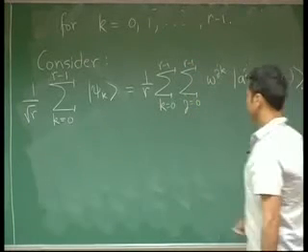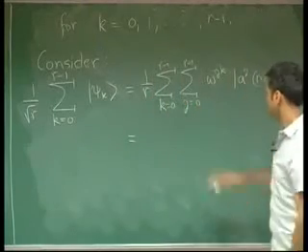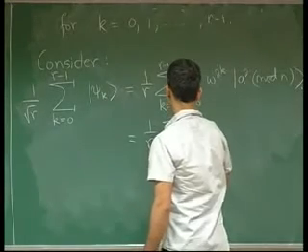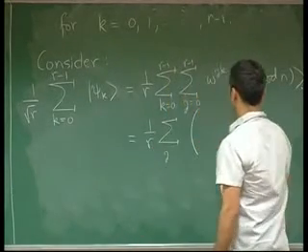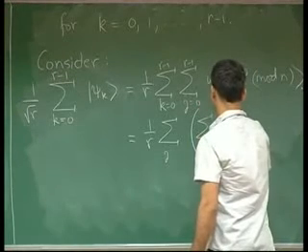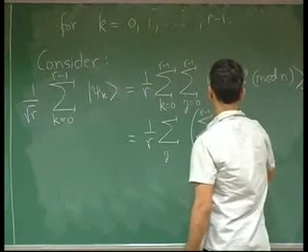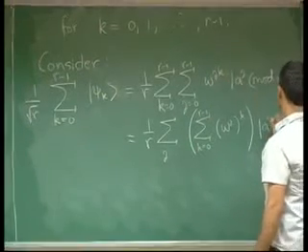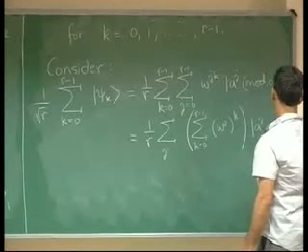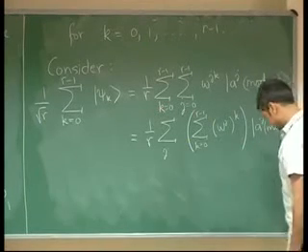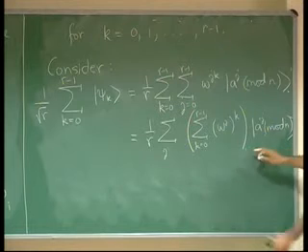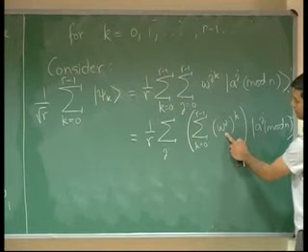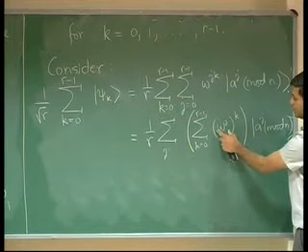Okay, let's do some algebra. I'm going to switch the order of summation, and you'll see in a moment why. So here you have the sum over j, and the summation over k of omega to the j raised to k, times a to the j mod n. Now if you look at the amplitude of a to the j, it's a sum of powers of omega to the j.